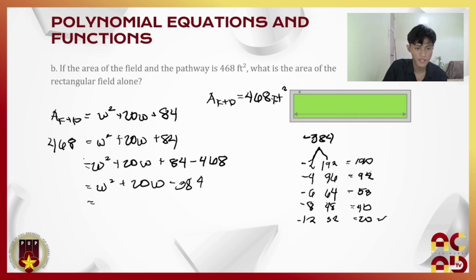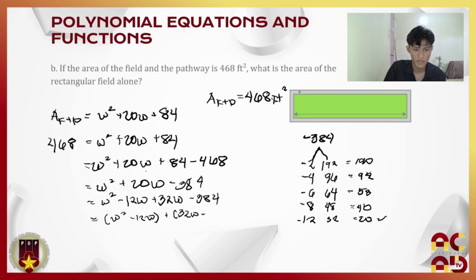So, simply expand yung 20w, magiging w squared minus 12w plus 32w minus 384. And then, i-group natin sila. Magiging w squared minus 12w plus 32w minus 384.